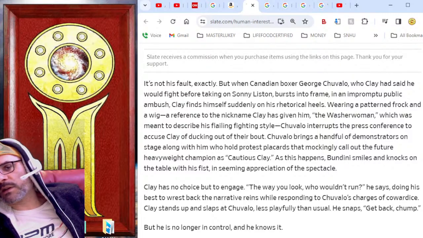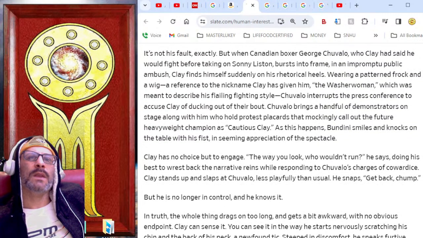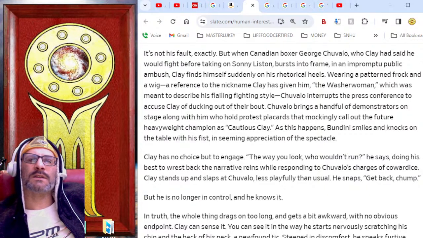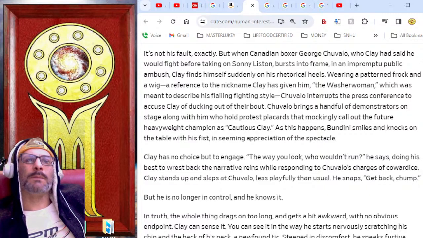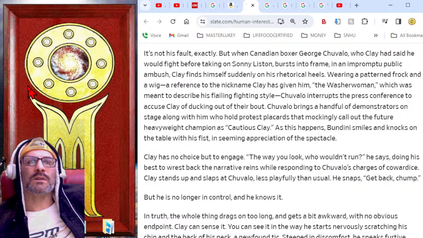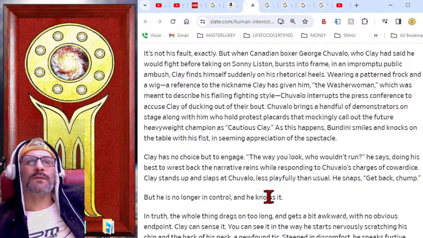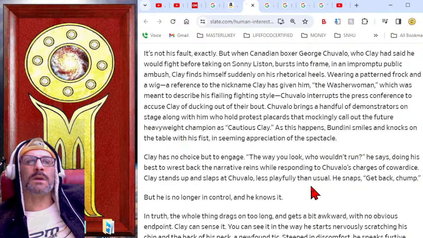It's not his fault exactly, but when Canadian boxer George Chuvalo, who Clay said he would fight before taking on Sonny Liston, bursts in, Clay finds himself suddenly on his rhetorical heels, in an impromptu public ambush. Chuvalo is wearing a patterned frock and a wig, a reference to the nickname Clay has given him, the Washerwoman, which was meant to describe his flailing fighting style.